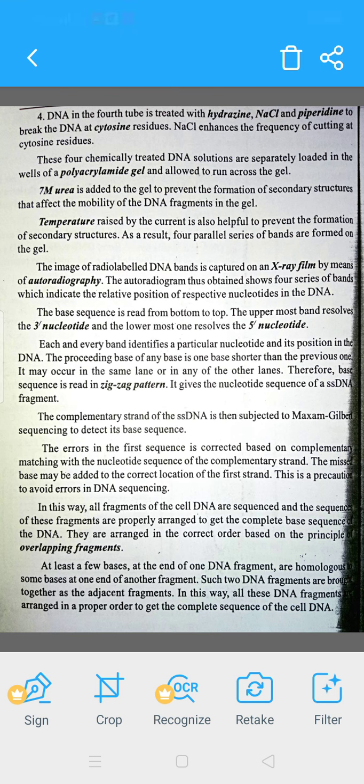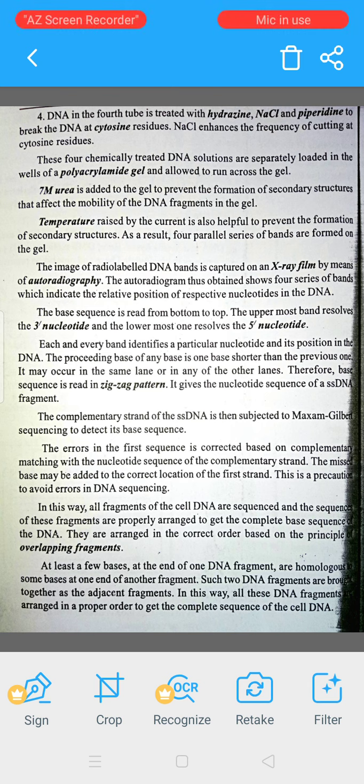The preceding base of any base is one base shorter than the previous one. It may occur in the same lane or in any of the other lanes. Therefore, the base sequence is read in a zigzag pattern. It gives the nucleotide sequence of a sequencing DNA fragment.